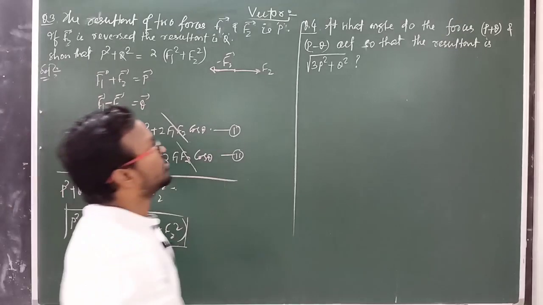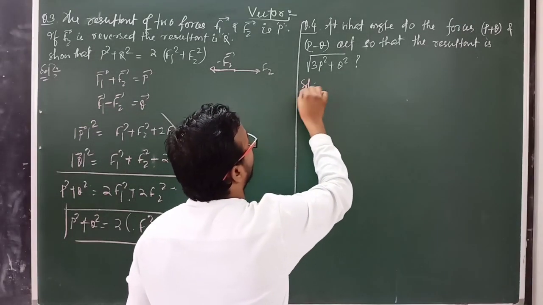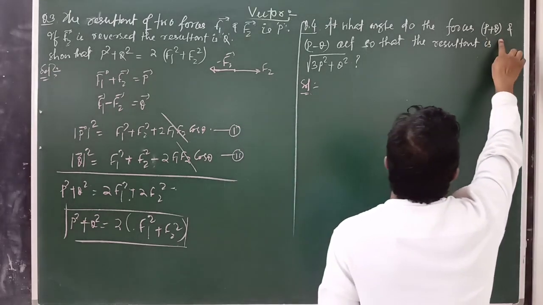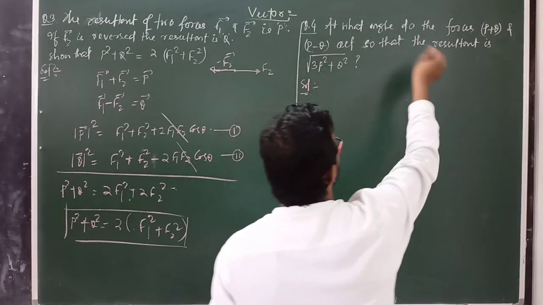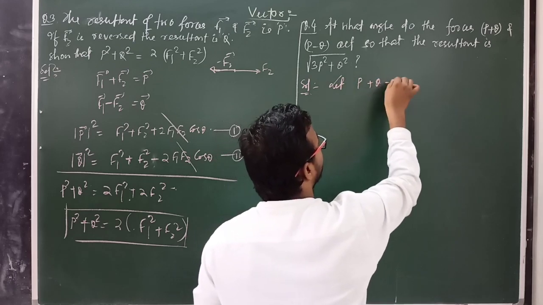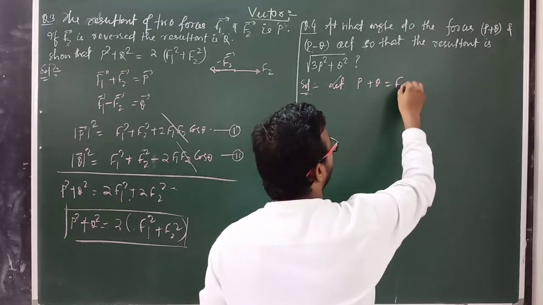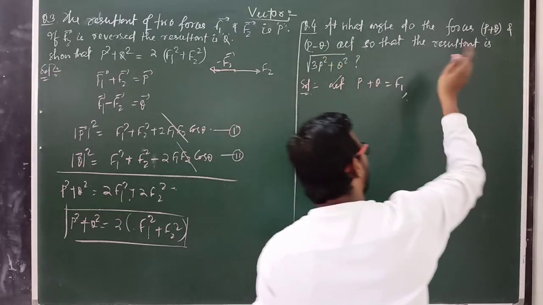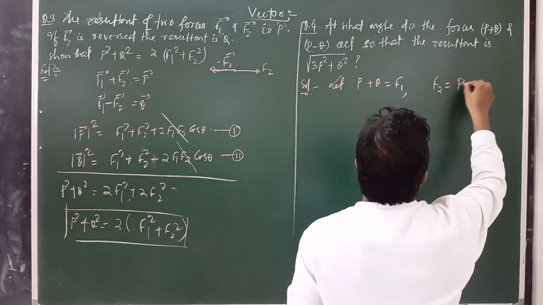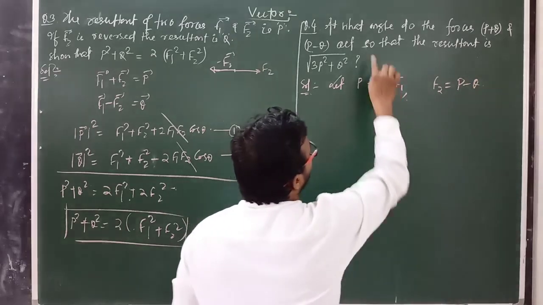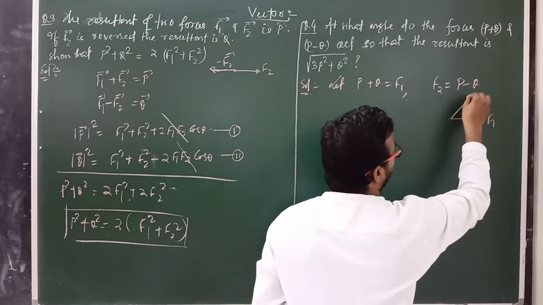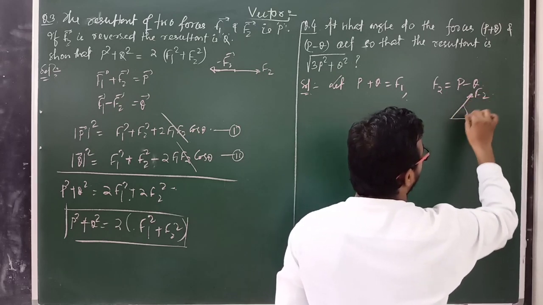Clear? Next, come to question number 4. According to the question, at what angle do the forces P plus Q and P minus Q act so that the resultant is root over 3P square plus Q square? Let P plus Q equal F1, and P minus Q another vector F2, and this angle is theta.